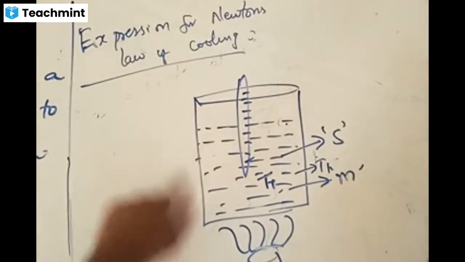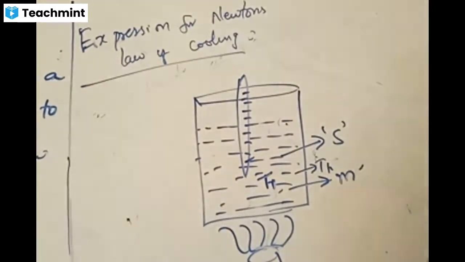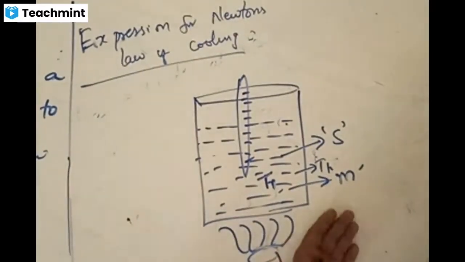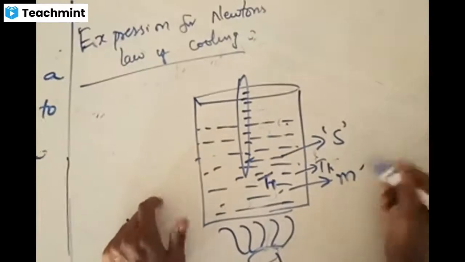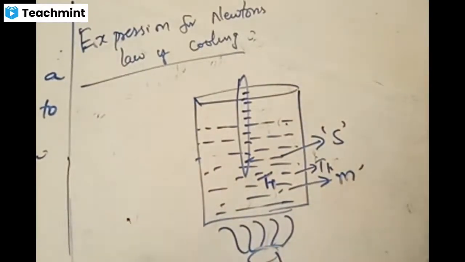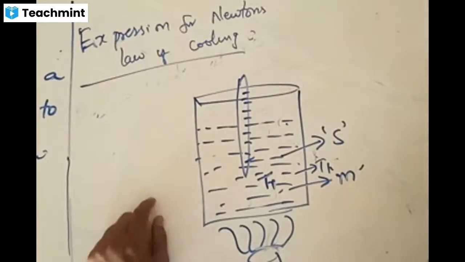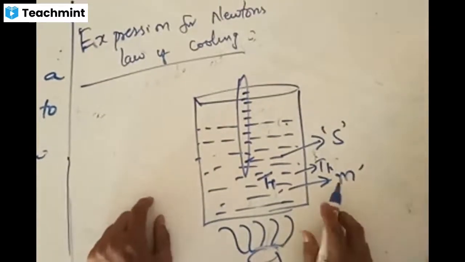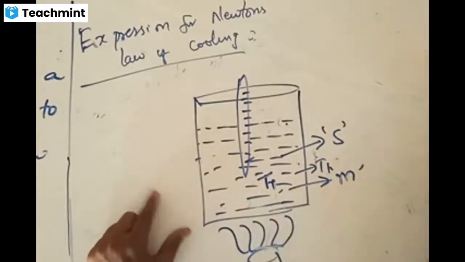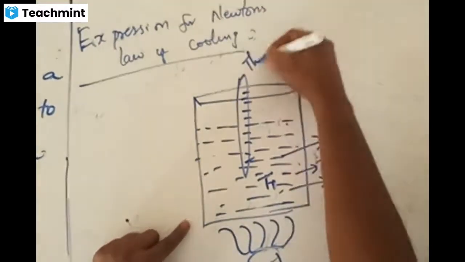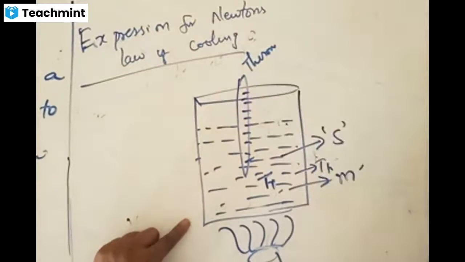Once the temperature rises, we have taken a content of water of mass m in a beaker, and whose specific heat is S. It is initially at T1, which is called room temperature, or we'll say some other temperature. Let us not suppose room temperature, some other temperature T1, and the contents in this beaker are heated using some kind of stove arrangement. Therefore, by using a thermometer here, you can measure the change of temperature.